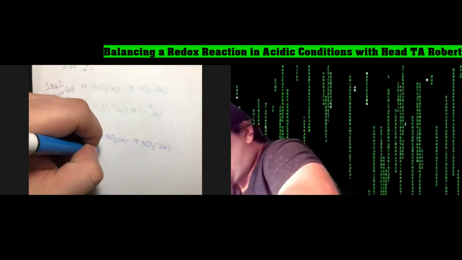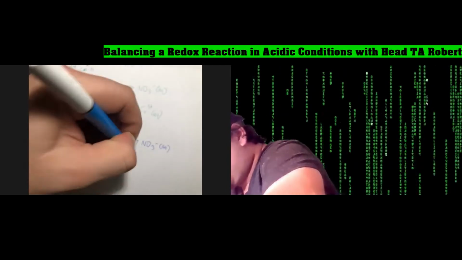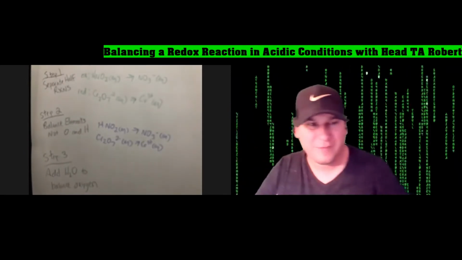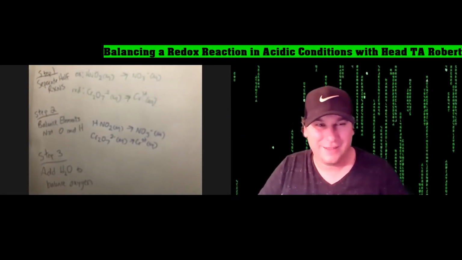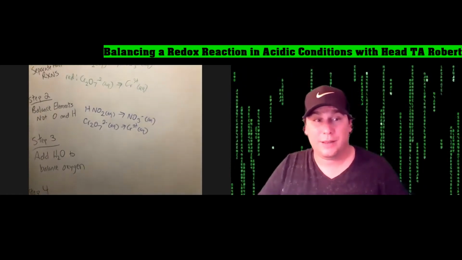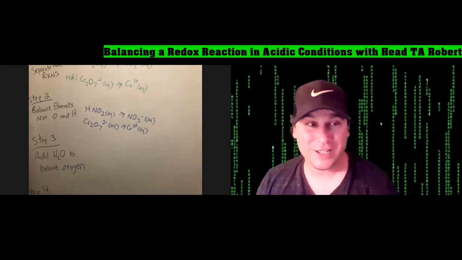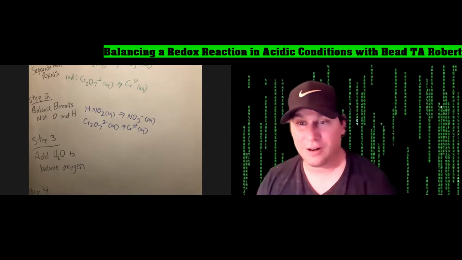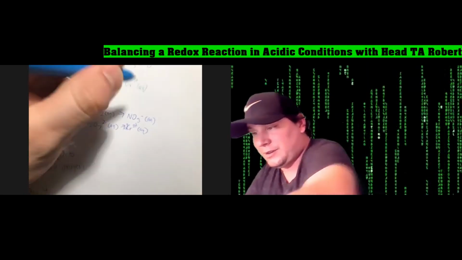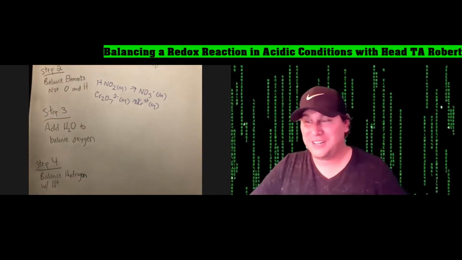All right, moving on to the other half reaction. So this one we said was going from 6 to 3, so that was our reduction reaction, right? But let's balance the Cr. So there's 2 over here, and now there's 2 here. So now that's balanced.